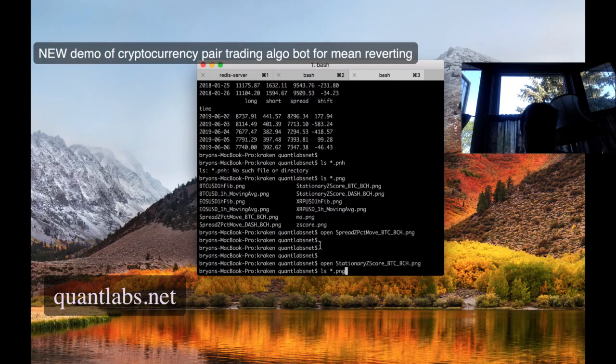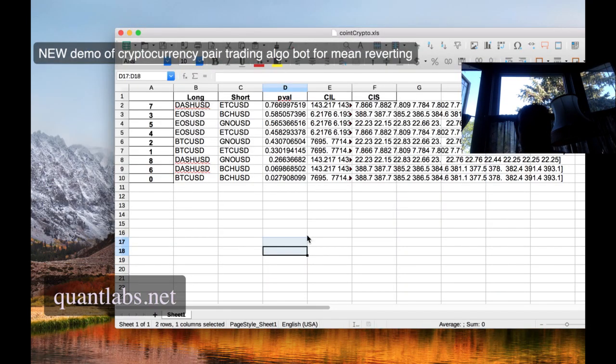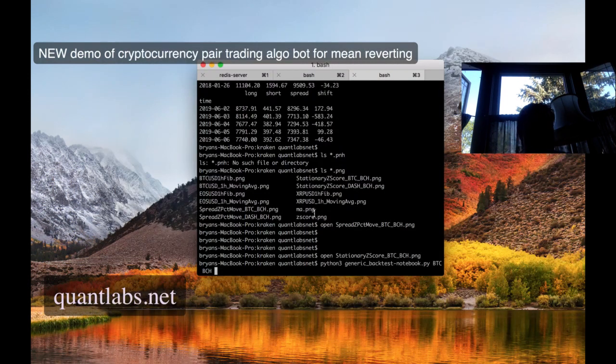So the opportunity can be there. If I was to run this script again to generate a new spreadsheet for this co-integration, you probably get a new different set and do it every hour. That's what I'm intending to do. But these opportunities don't come up a lot.